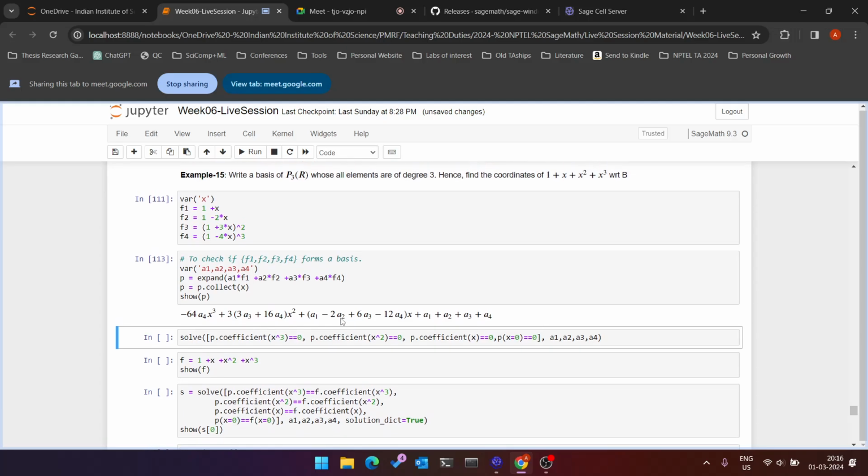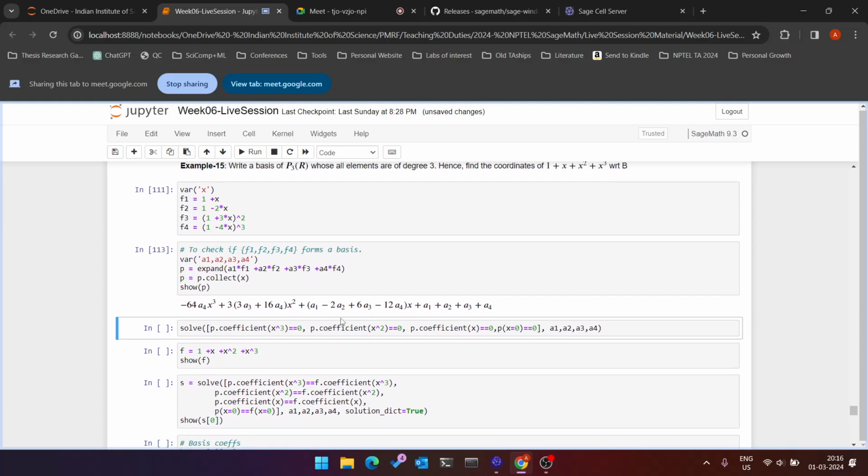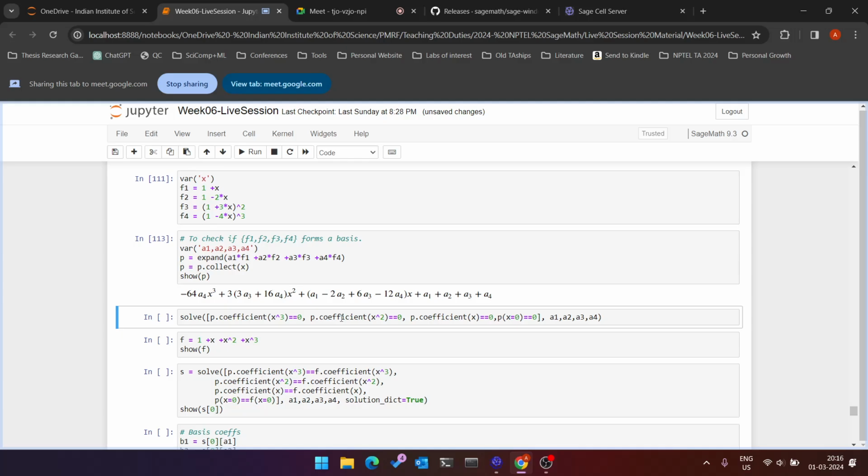Next, we want to see if there exists a solution a1, a2, a3, a4, provided that all the four coefficients go to 0. Why are we interested in doing so?